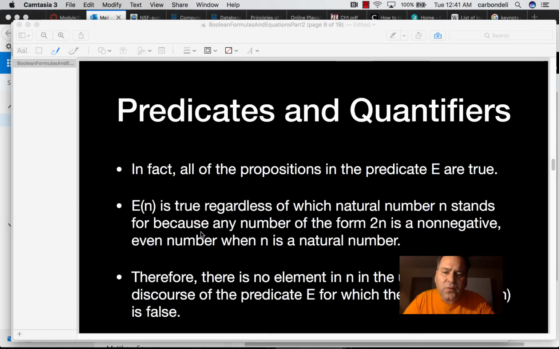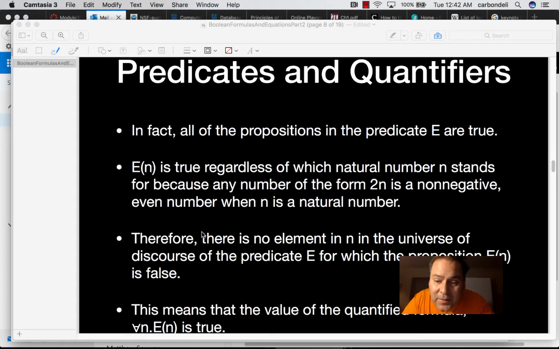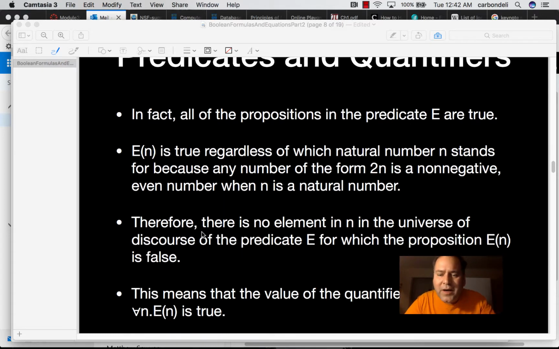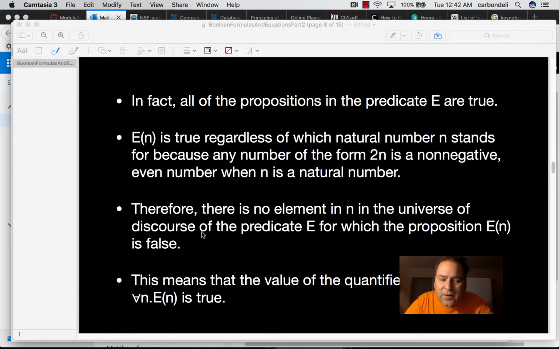E of n is true regardless of which natural number n stands for, because any number in the form 2 times n is a non-negative even number when n is a natural number. Therefore, there is no element n in the universe of discourse of the predicate E for which the proposition E of n is false.